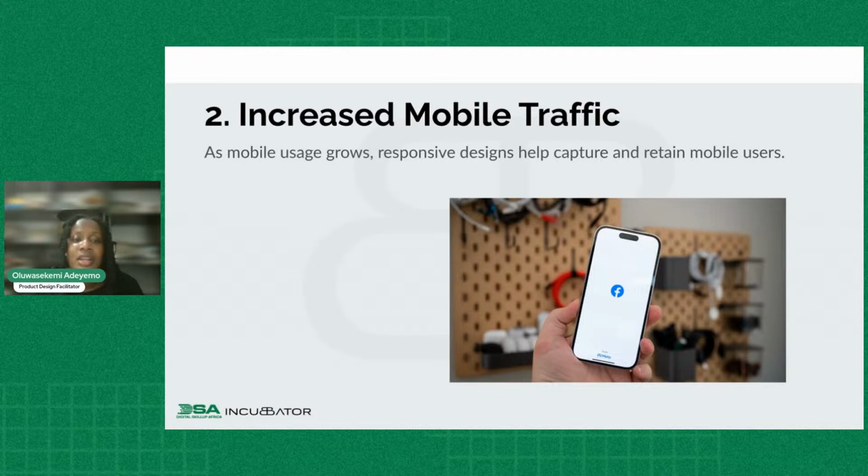Okay, so another thing is increased mobile traffic. As mobile usage grows, responsive designs help capture and retain mobile users. So this is a case scenario where probably the first output was a website or a desktop application. I think Facebook, when I was younger, I started seeing Facebook on PCs.